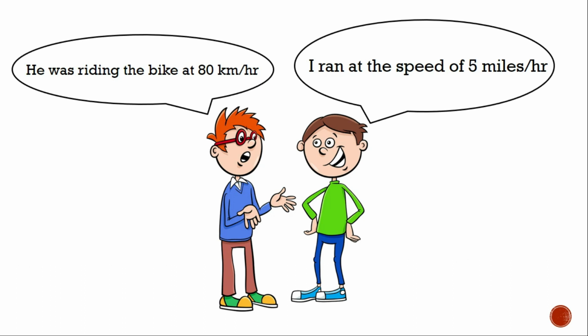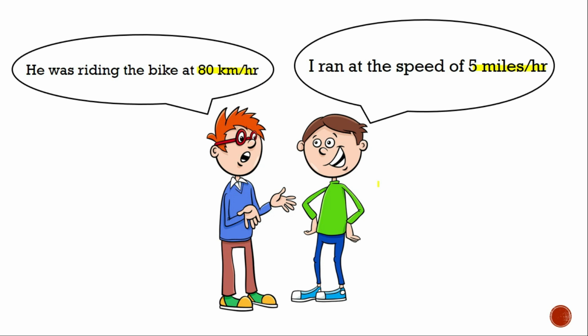Now, a lot of times you might have heard people talk about speed in their conversations, that he or she rode a bike at the speed of 80 kilometers per hour, or he was running at the speed of 5 miles per hour.